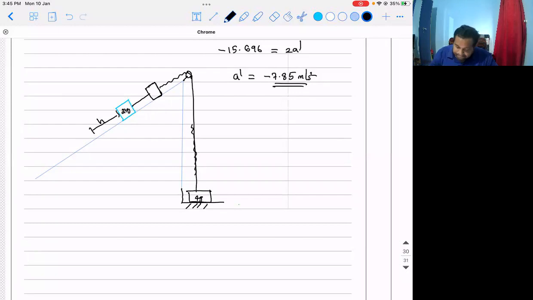This is slack. So this initial velocity is root of 7.84 h, and the acceleration is minus 7.85. Then this additional distance moved.